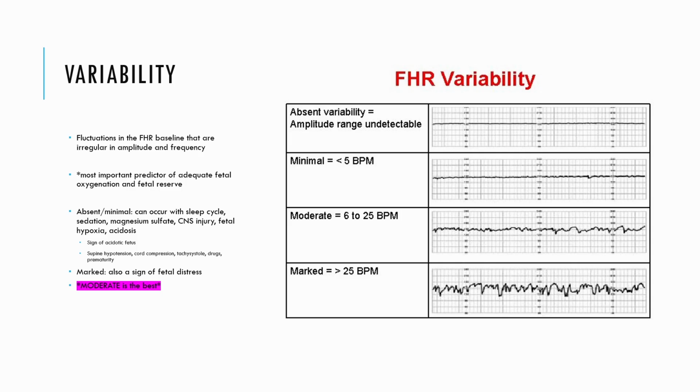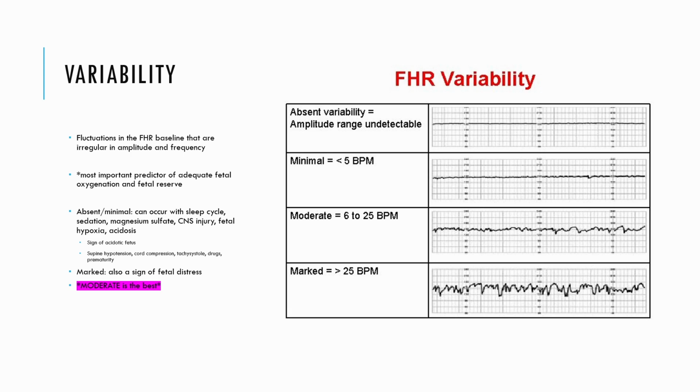Fetal variability is the most important predictor of adequate fetal oxygenation and that you still have good fetal reserve left. If you have good variability, which is moderate is what we want to see, you can say you have enough oxygen left and your fetal reserve is good yet.